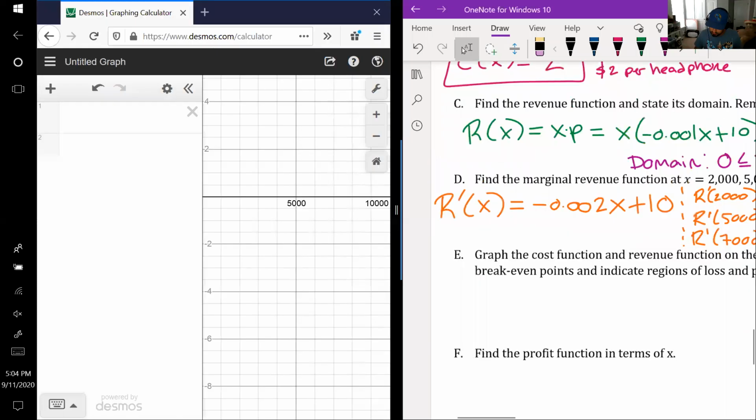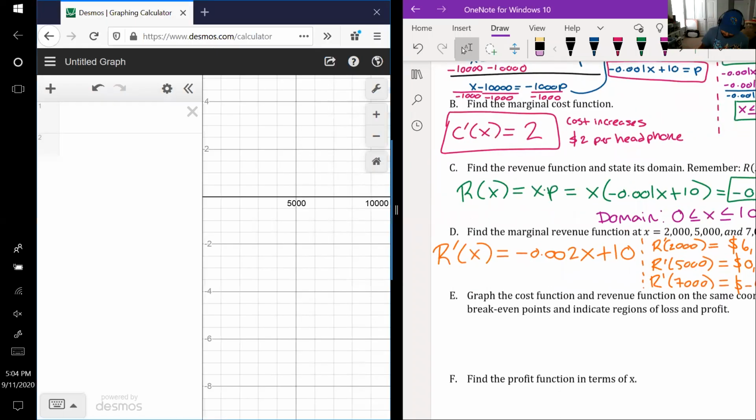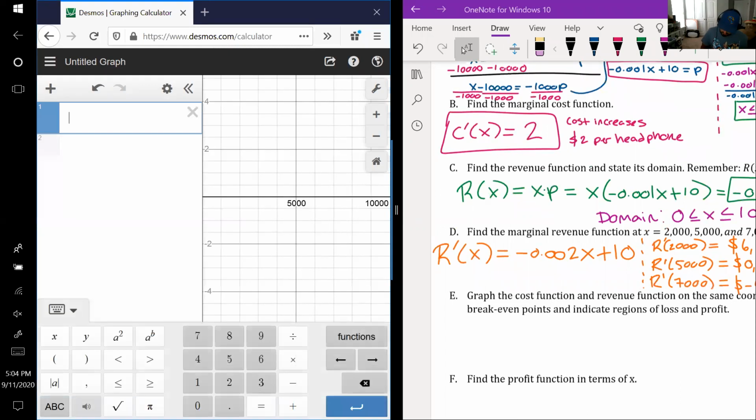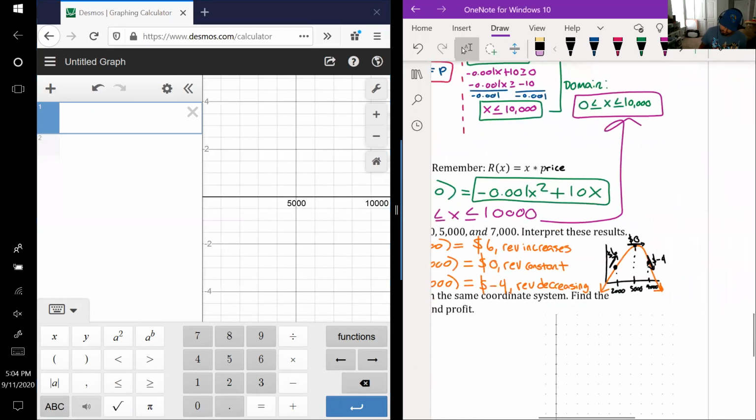And now I'm going to type in our revenue function, negative 0.002x. Oh, that's the derivative. Whoops. Nope, don't do that. The revenue function. There we go. Negative 0.001x squared plus 10x.